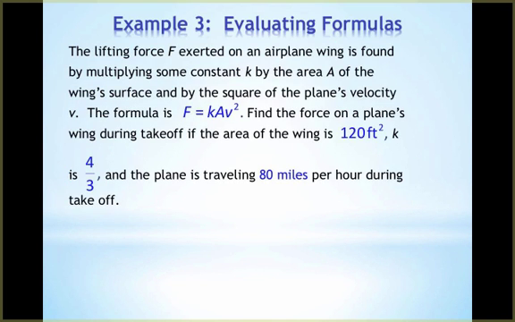In example 3, we're going to look at a formula that involves the lifting force on an airplane wing. So it tells us that the lifting force exerted on an airplane wing is found by multiplying some constant K by the area of the surface of the wing and the square of the plane's velocity. So our formula becomes F equals K times A V squared.